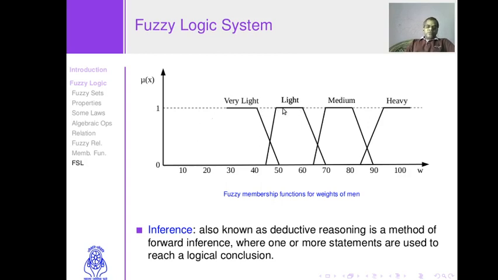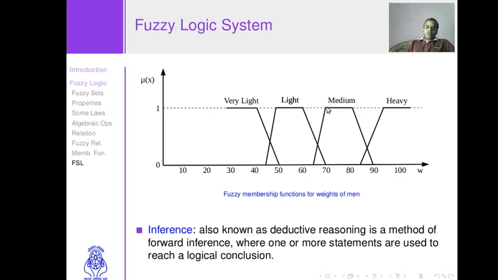From 50 to 65 we say that a man is lightweight with full assurance, with full surety. But as it approaches 70, we decrease the degree of membership, and at 70 it becomes 0, because at 70 the man is a medium weight person, not a lightweight person.